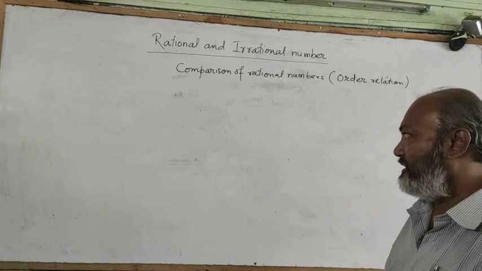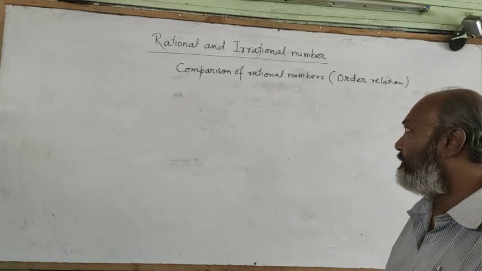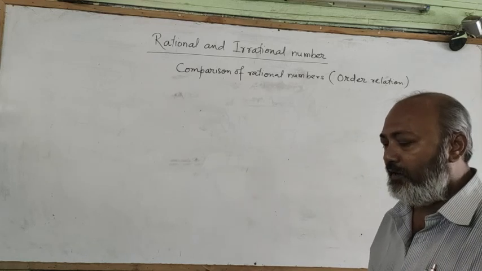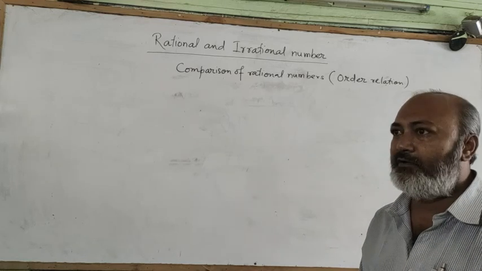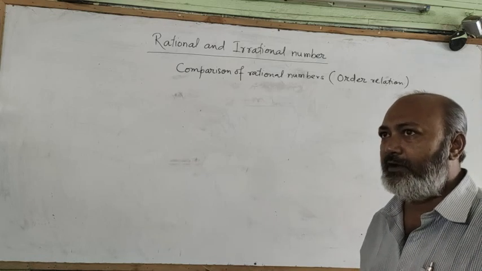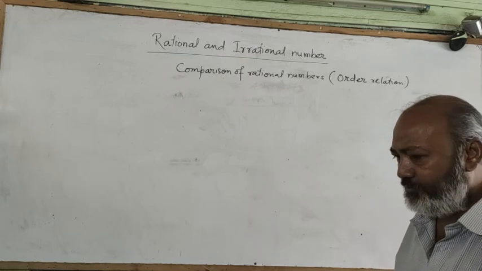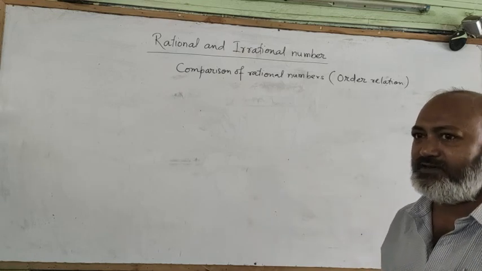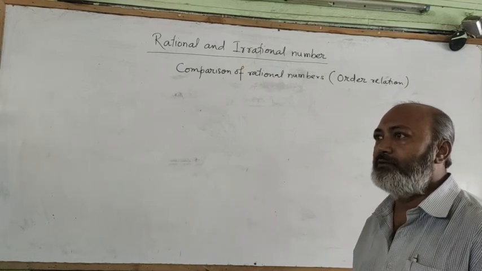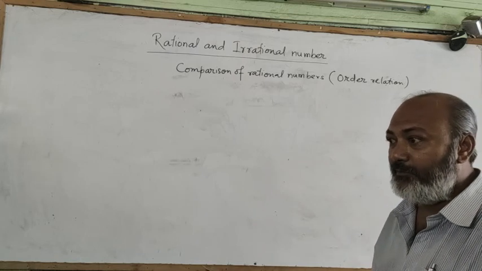All these things come under comparison of rational numbers. If two numbers are given to find the order relation between them, we first have to decide whether they are equal or unequal. Then you can set the relation.